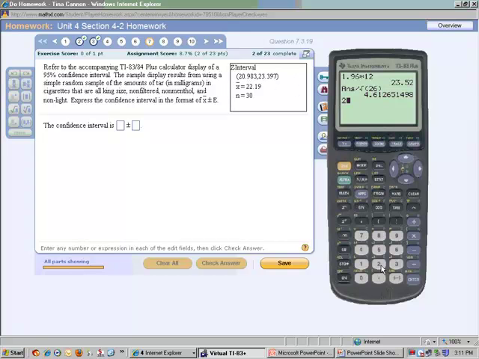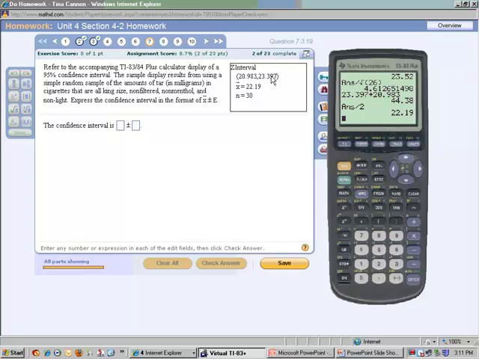So in our case, we have 23.397 plus 20.983. Push enter and divide by 2. So we find out that the sample mean was 22.19.